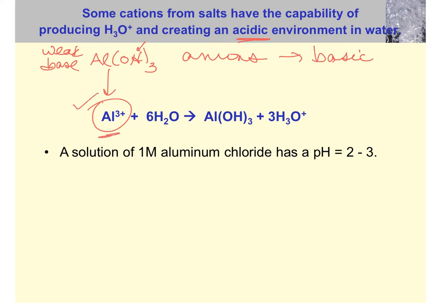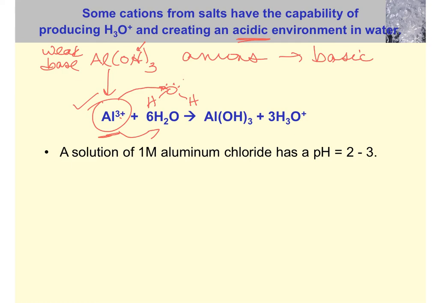Well, the mechanism of changing the pH is always to interact with water to produce either hydronium or hydroxide. So let's see how aluminum does that. If I draw out a water molecule, and this is oversimplifying this reaction, but it gets the concept across, the aluminum cation is going to be attracted to the oxygen, which is electron rich.